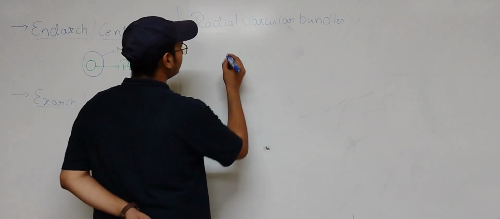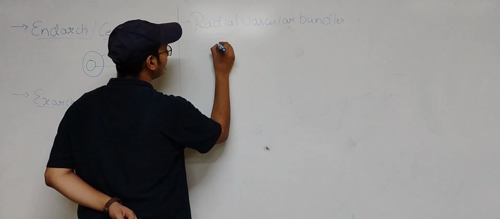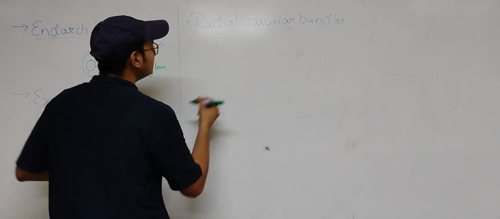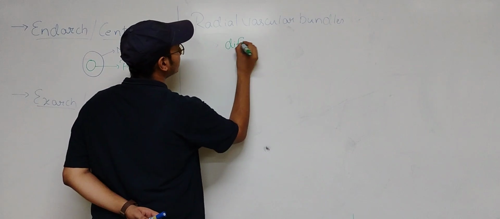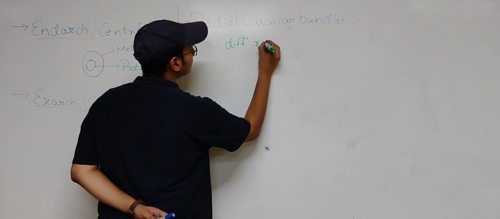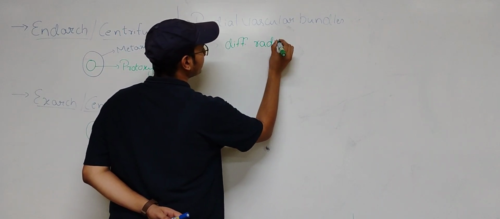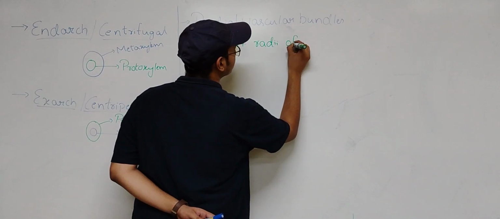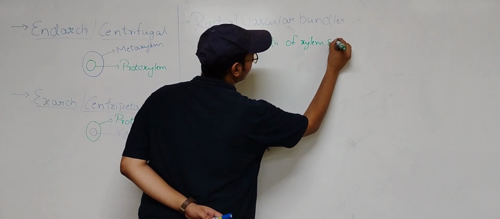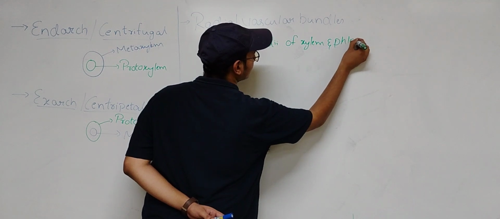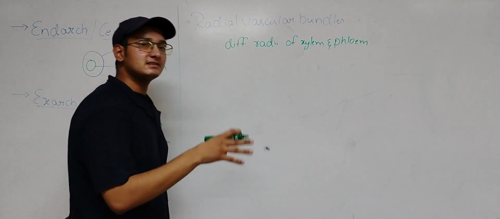In radial vascular bundles, the xylem and phloem are arranged in different radii. So they are not present in the same radius.